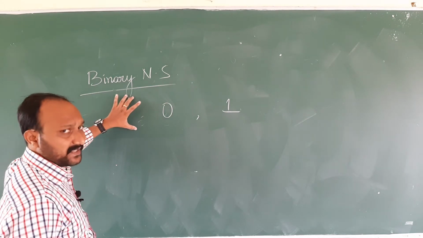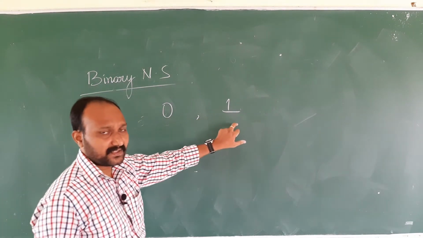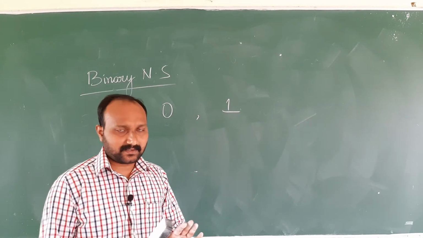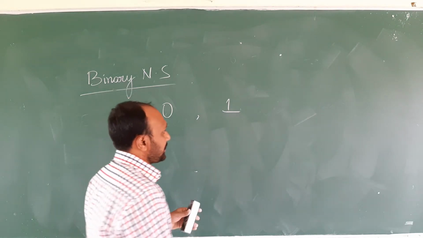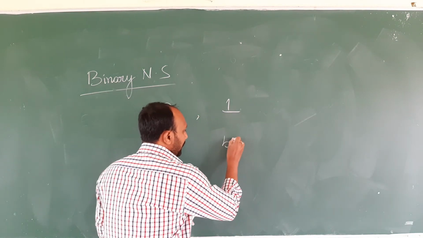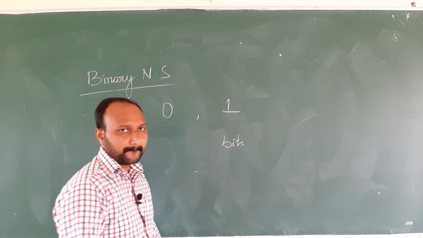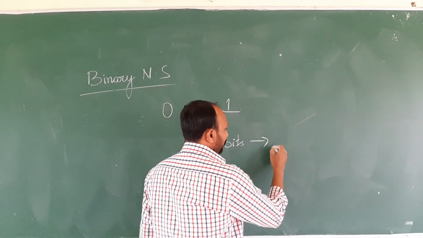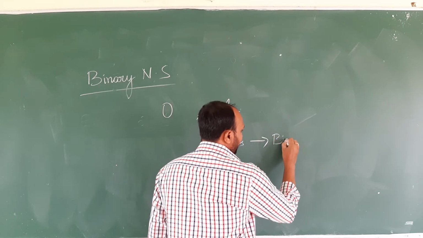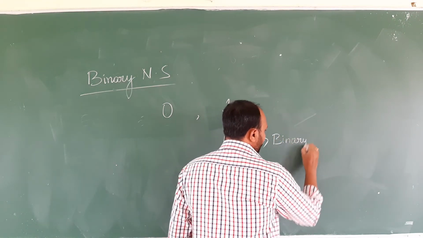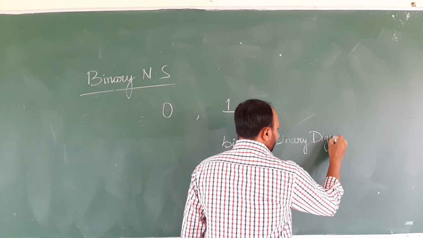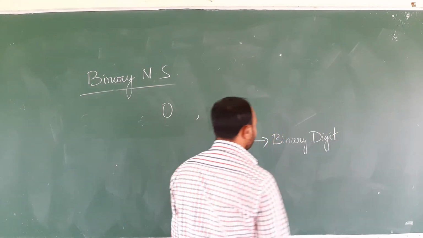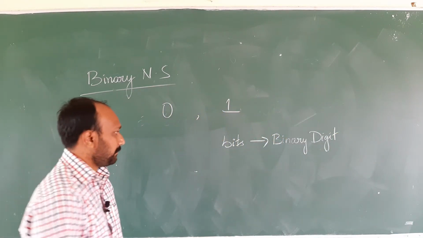In binary number system, these symbols are not referred as digits, they are referred as bits, B-I-T-S. Bits is nothing but binary digits. What is the abbreviation of bits? It means binary digit.